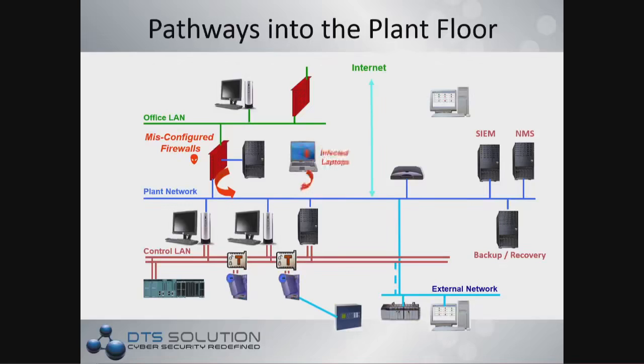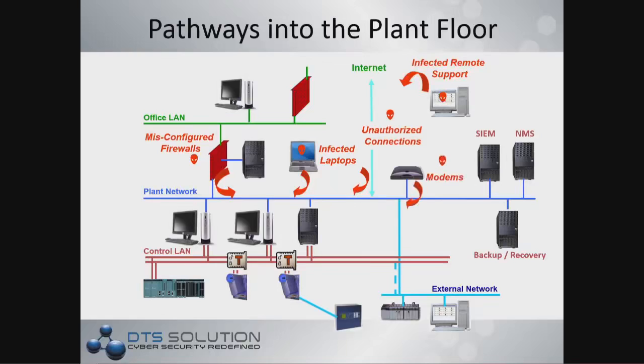Misconfigured firewalls, an infected laptop from a field engineer walking into the site and connecting his infected laptop into the control network itself. You have unauthorized connections. You have infected remote support, backdoor modems or unauthorized modems, USB sticks, flash drives which are connected into the laptops, which then effectively can penetrate into the network.